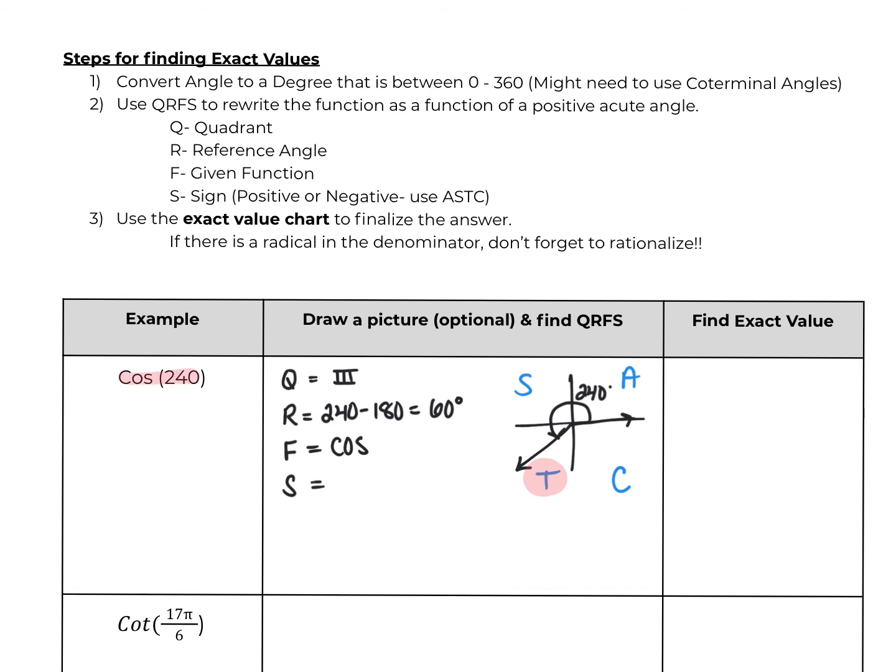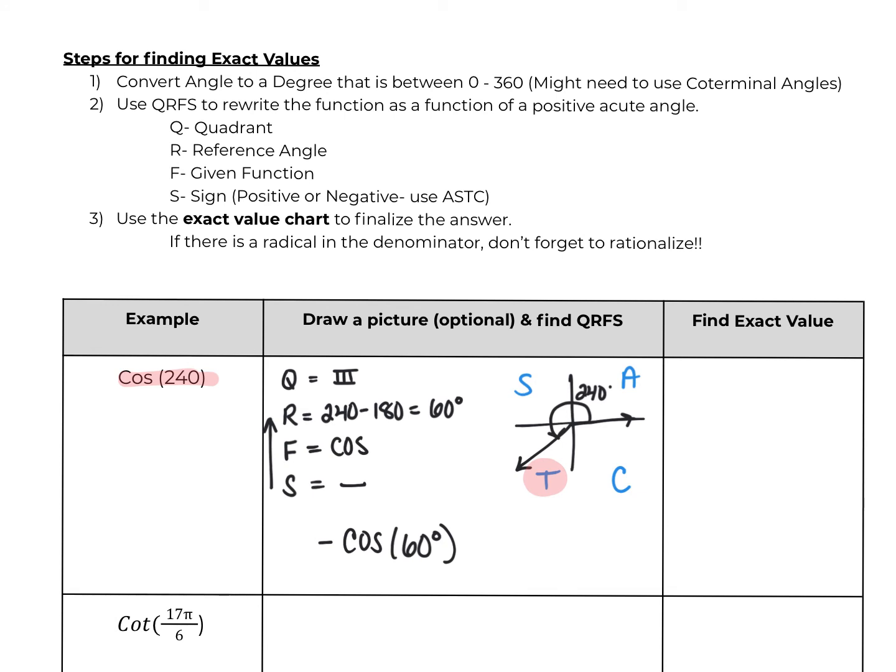So since we're dealing with cosine, we know that cosine must be negative. So negative. And what we do is we read it from the bottom up. So we have negative cosine of 60 degrees. So technically that's not the answer. The last step is to use the exact value chart to finalize it. The exact value chart is something that we wrote down the other day.